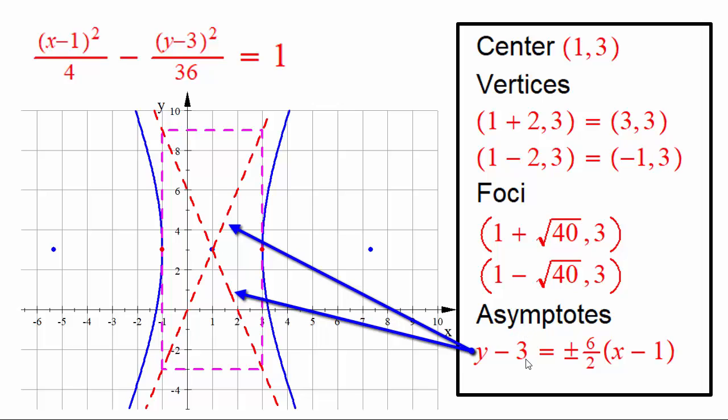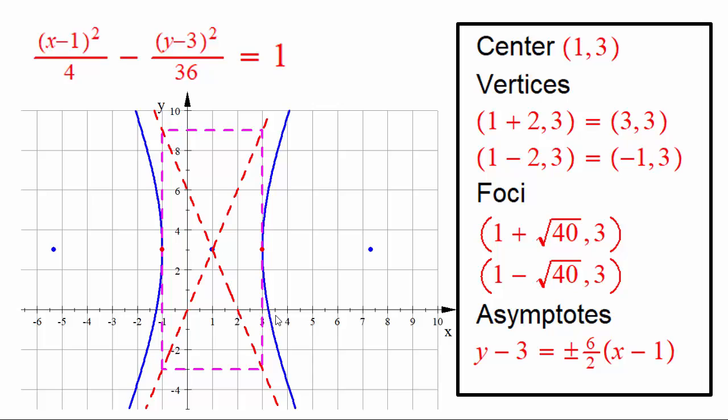So y minus 3 equals plus or minus 6/2 times x minus 1. 6/2 because your slope for the two lines, you're going up 6 and over 2. Plus minus because there are two of them, one that has positive slope, the other one that has negative slope.